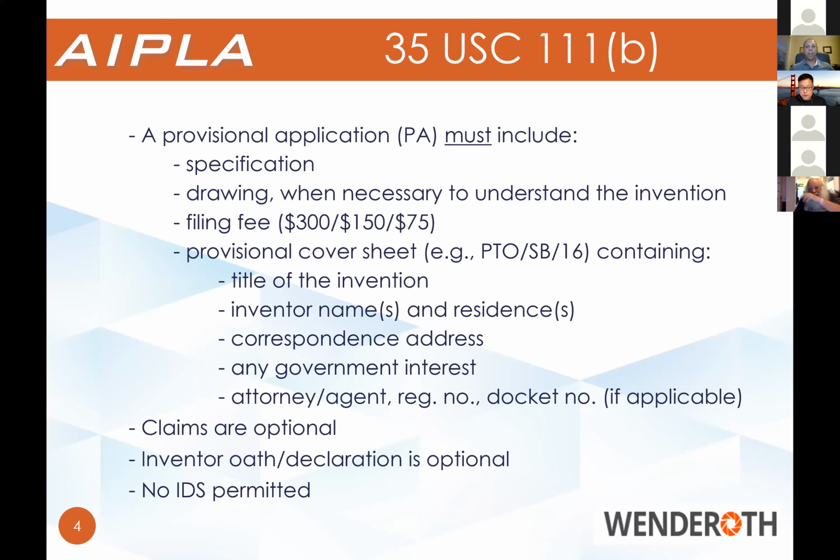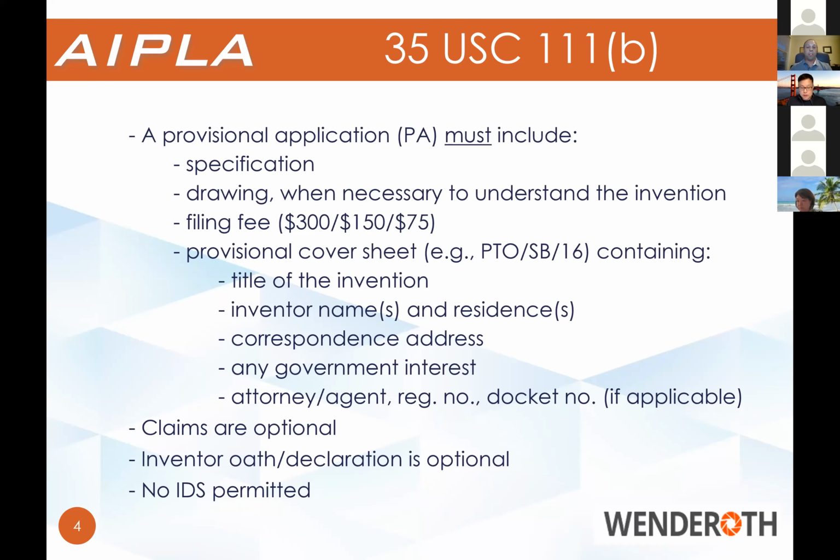So provisional application is in 35 USC section 111B, and the requirements for a provisional are that you must file a specification or description, a drawing when it's necessary to understand the invention, and the filing fee, which is $300 for regular entity, and then halved or quartered for small entity and micro entity, respectively.